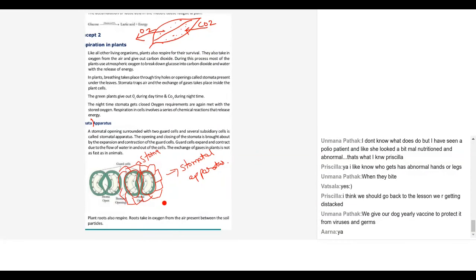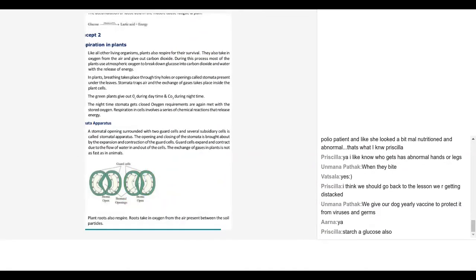Who will send glucose to the guard cells? The question you asked right now, stomatal apparatus. All right, fine.